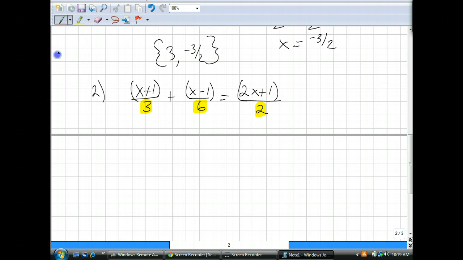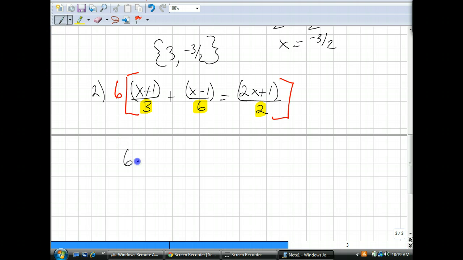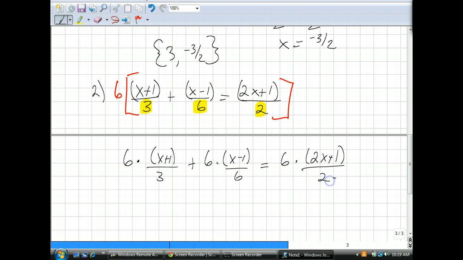That's going to be 6. So we're going to multiply the whole equation by 6. So this is going to be 6 times x plus 1 over 3 plus 6 times x minus 1 over 6 equals 6 times 2x plus 1 over 2.